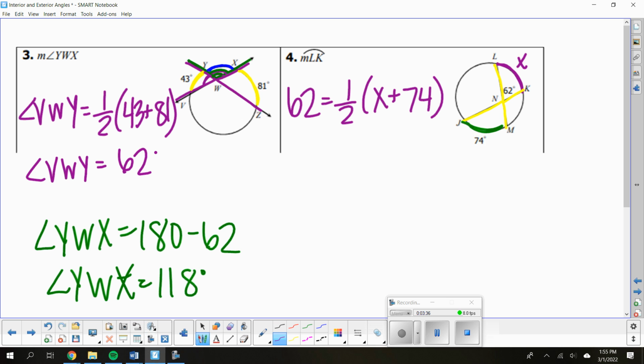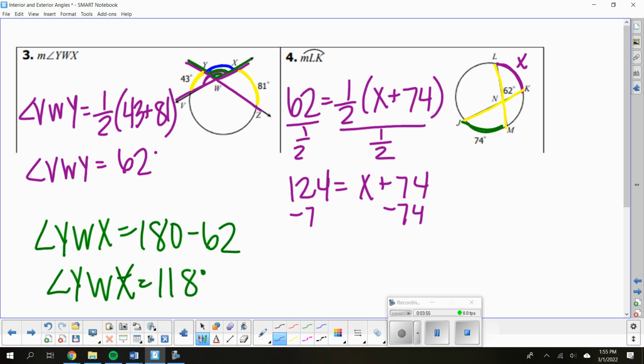So I have to find my x that's housed in the parentheses instead. I would divide by 1/2, so you can multiply by 2. That's 124. Subtract my 74. So that's 50 for x, which is that arc LK that I asked you to find.